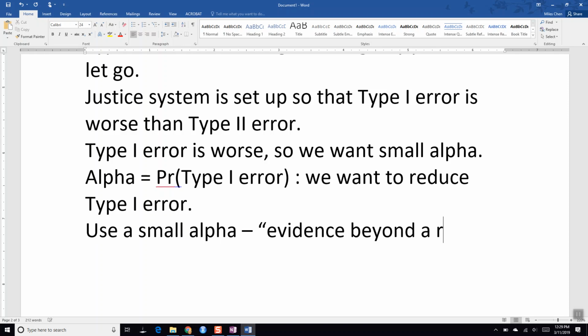Evidence beyond a reasonable doubt. Okay? Which means before someone arrives at a guilty verdict, it has to be beyond a reasonable doubt. There's a certain threshold, and it can't just be, I have a feeling that the person is guilty, or something like that. Okay.